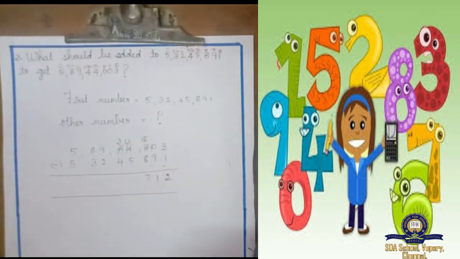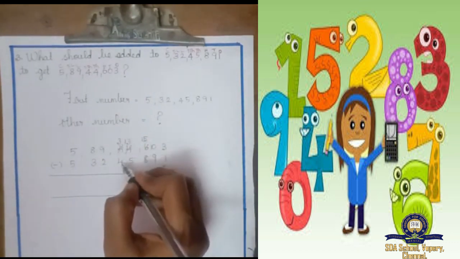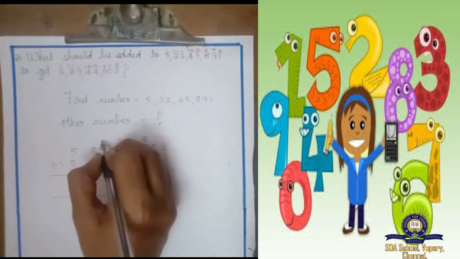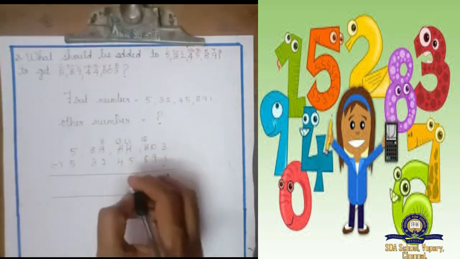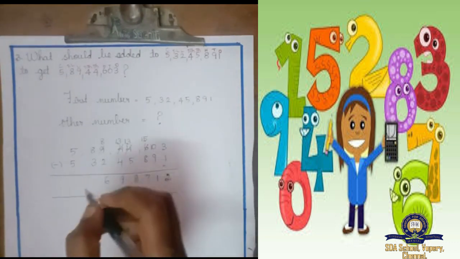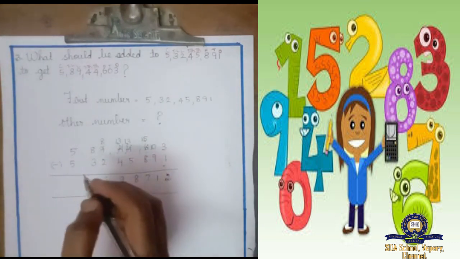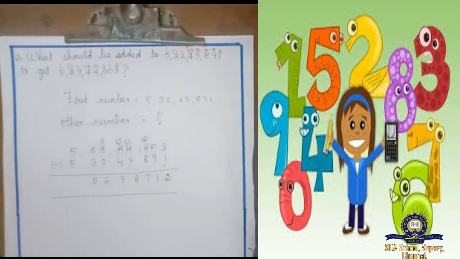So 13 minus 5 is 8. From 3 we cannot minus 4. Again borrow. This will become 8, this will become 13. 13 minus 4 is 9. 8 minus 2 is 6. 8 minus 3 is 5. 5 minus 5 is of course 0.